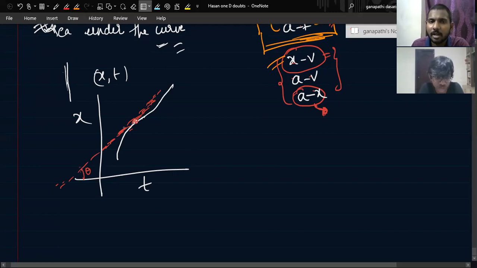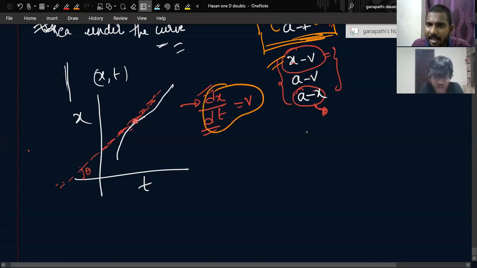Do you know this? That slope is nothing but dx by dt. And dx by dt is velocity. You know this, na? dx by dt is velocity.